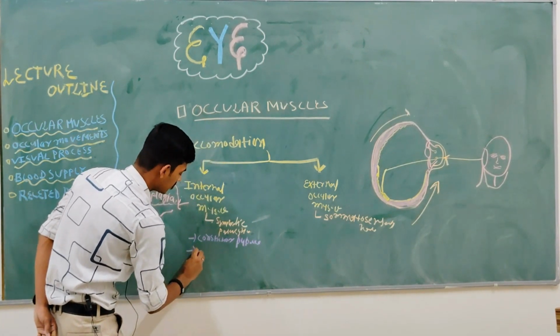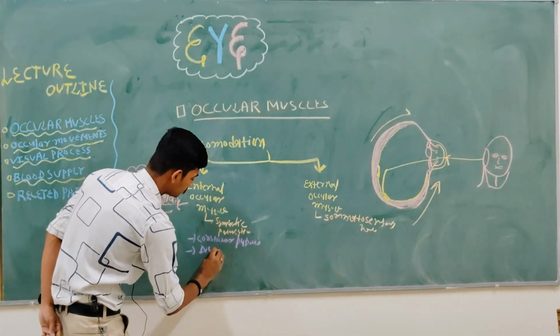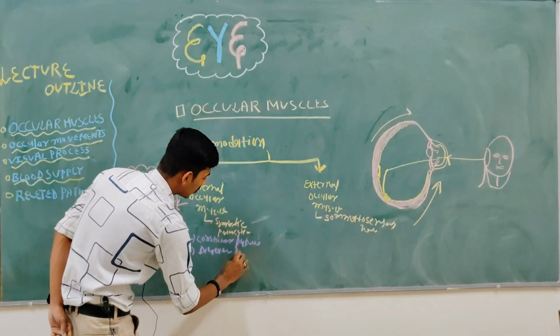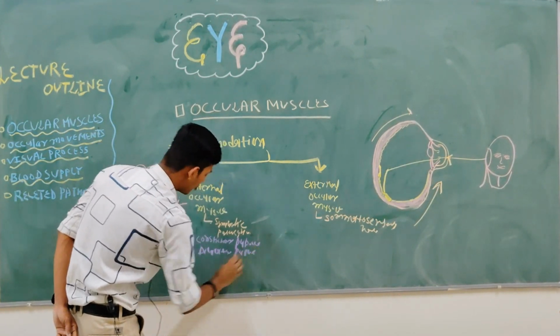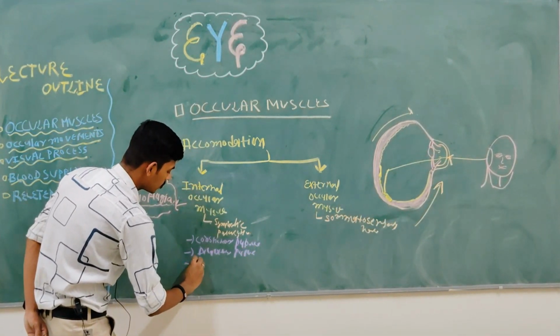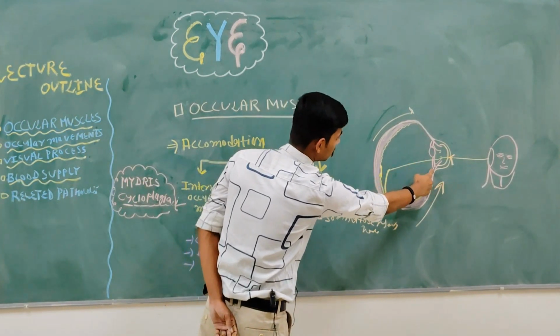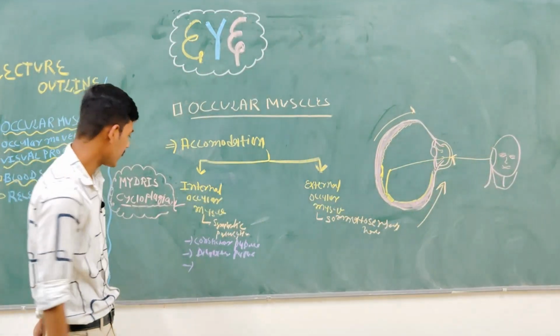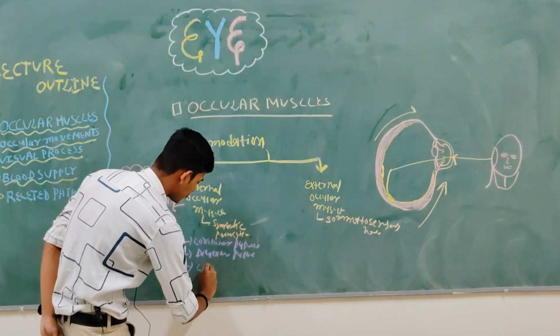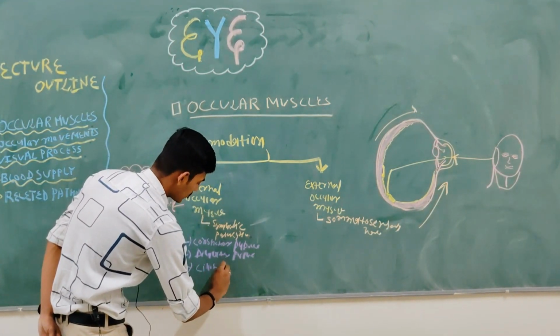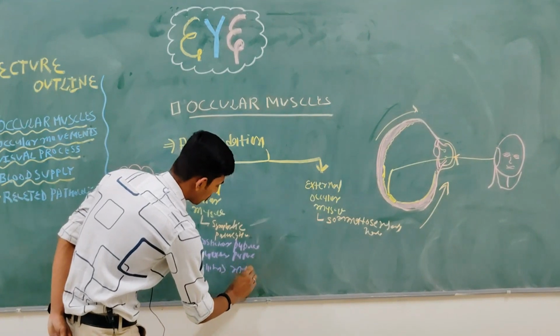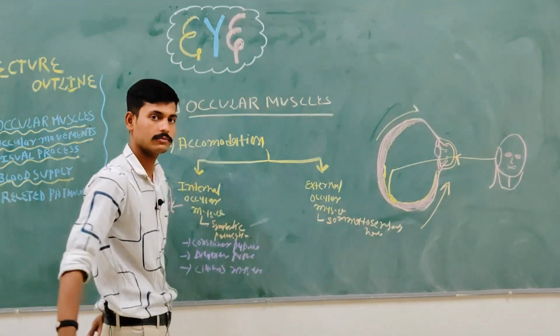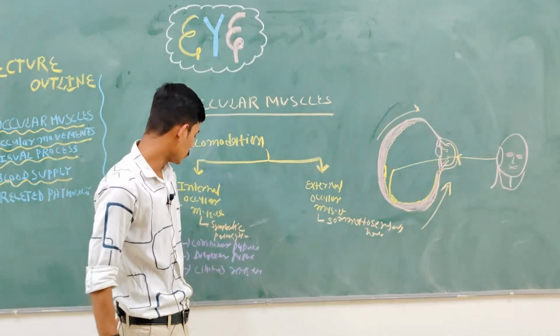Another one is dilator pupillae, and the last one is the ciliaris muscle. These muscles, which hold the lens by the suspensory ligament, are called the ciliaris muscles. Clear? Understood? No problem.